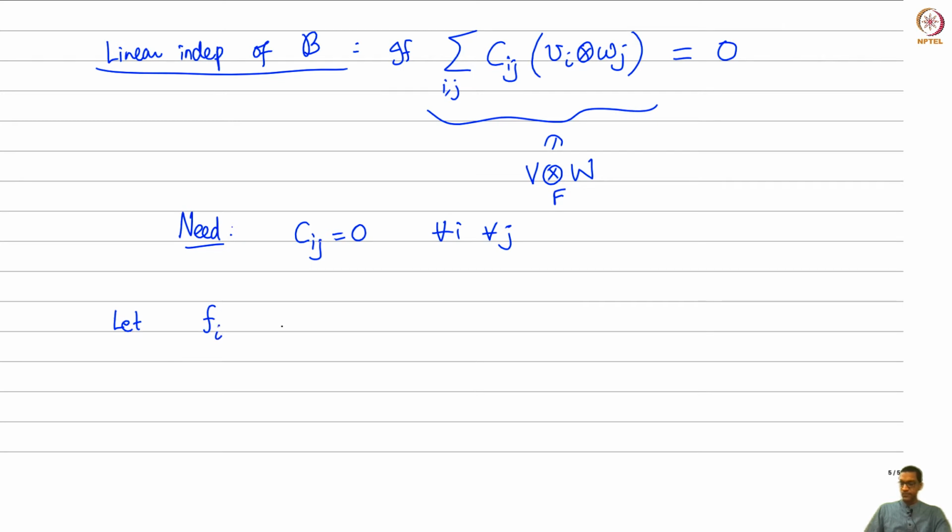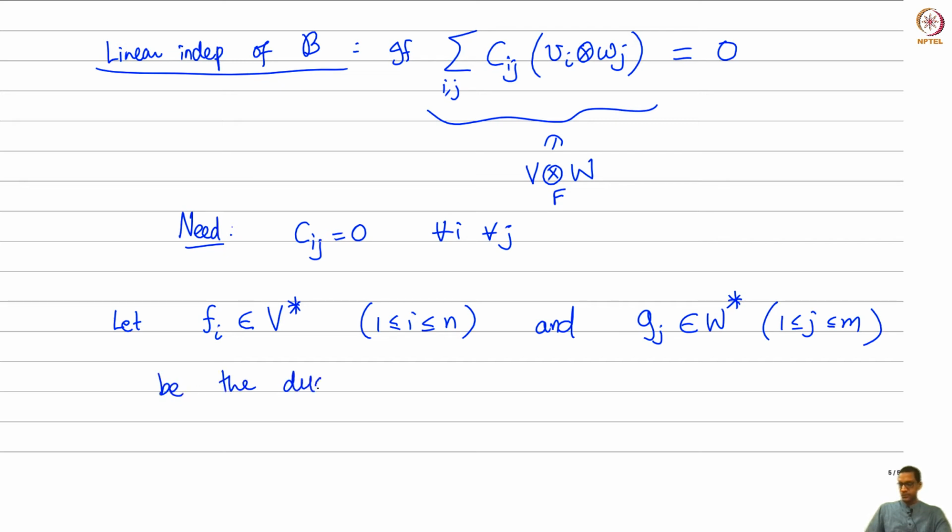Let fi belong to V star, this is for i from 1 to n, and gj belonging to W star be the dual bases corresponding to the V's and the W's respectively.